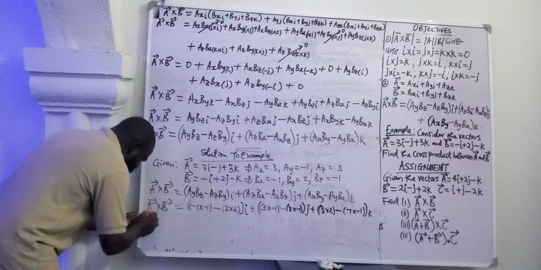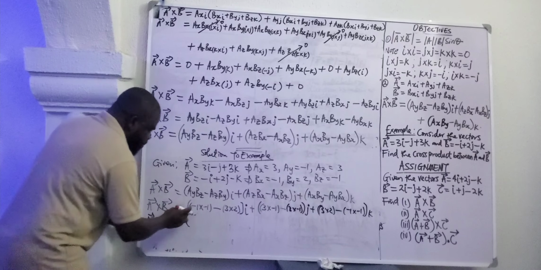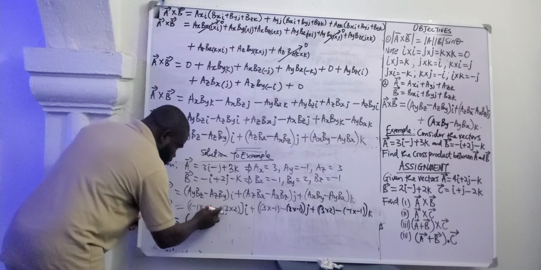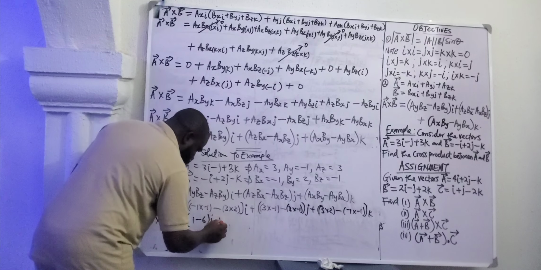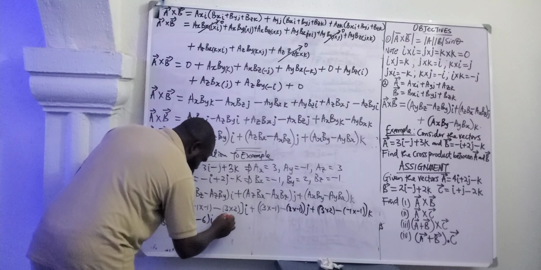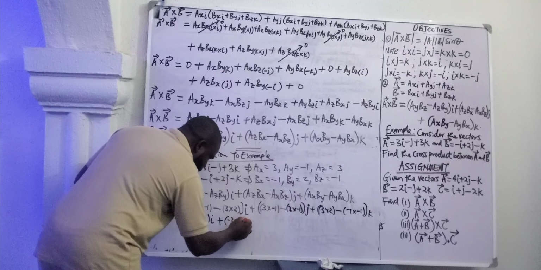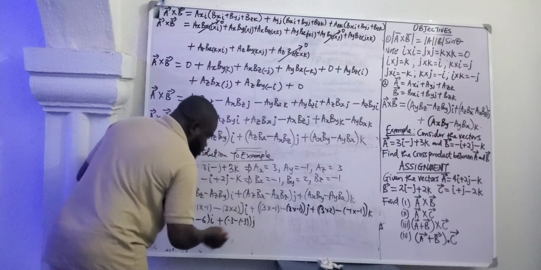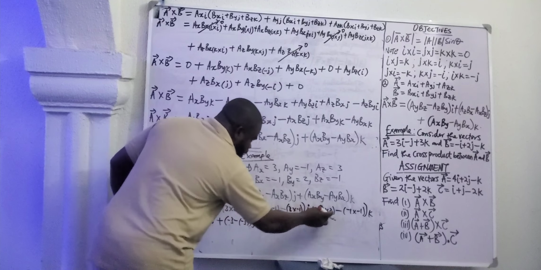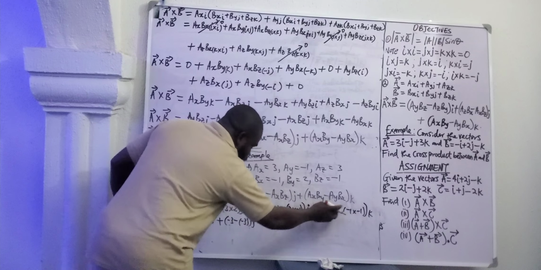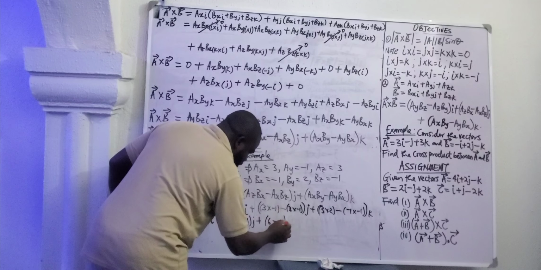So we multiply out. We have A cross B equals minus 1 times minus 1 is 1, 2 times 3 is 6, that's minus 6i, plus 3 times minus 1 is minus 3, minus at the center, that is also minus 3 in the j direction, plus 3 times 2, that's 6, and then minus 1 times minus 1 is 1, in the k direction.